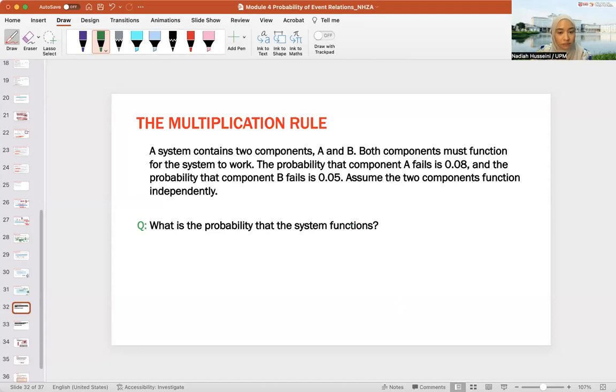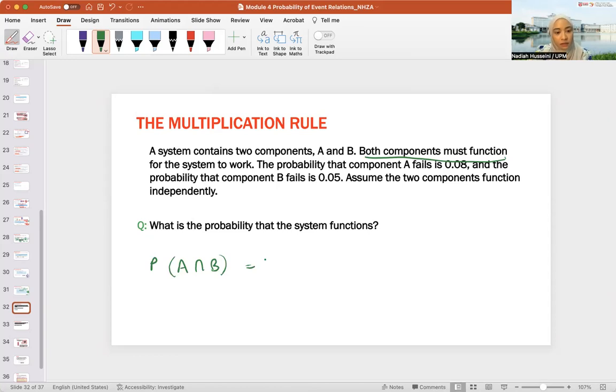So how do we find out? Both components must function. So it cannot be A works and B doesn't work. Both have to work. So A must work together with B. So we need to find what is P(A intersect B). So how do we find this one?